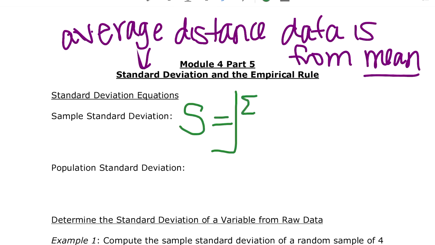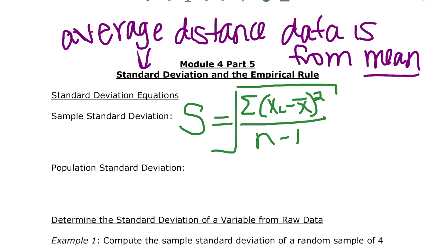We're going to sum each x value minus the mean squared, and we're going to divide that by n minus 1. And the good thing is we're going to go through this once by hand, and then your calculator actually gives you this value as part of that 1-var stats that we were using last week. Okay, so that's the sample standard deviation.